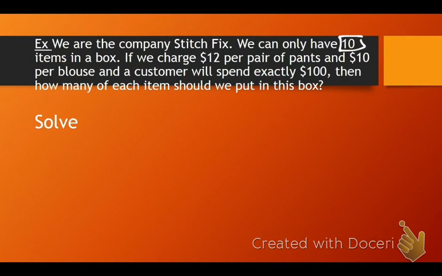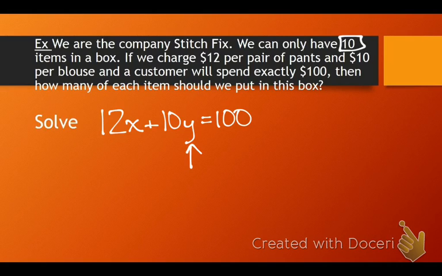We actually have 10 items in a box we've got to care about. So when we solve 12x plus 10y equals 100, we've got to rewrite one of them. And I'm going to tell you, rewrite the second one, whatever the second one is. That way we can stay organized. But if we know how many pairs of pants we have, we know that whatever remains from the 10 is what that should be.